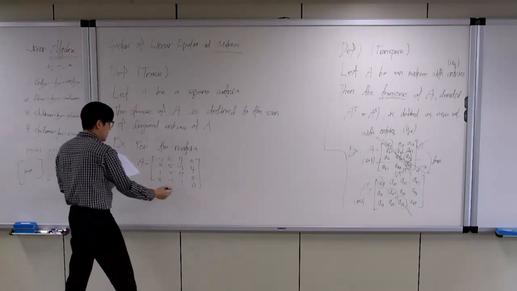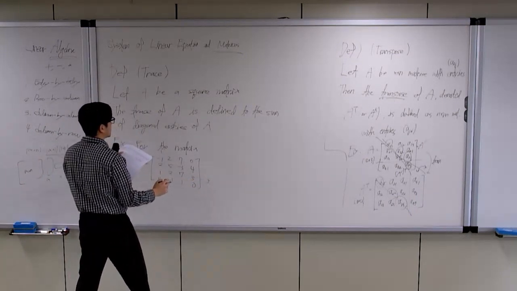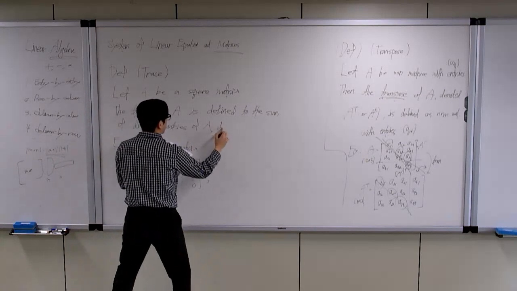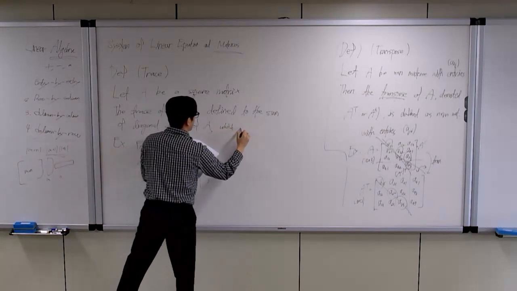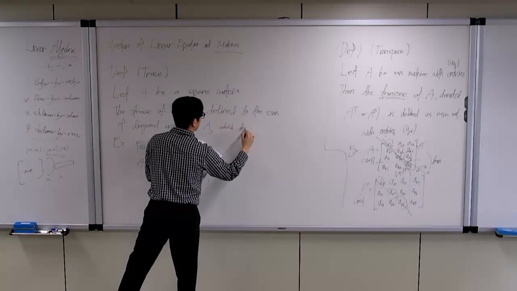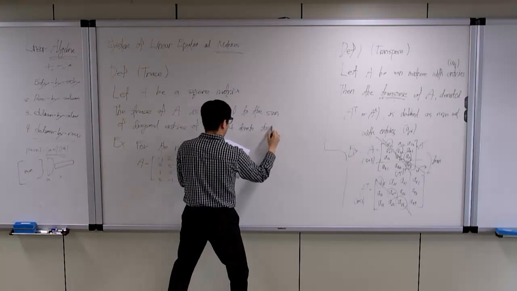A is a square matrix, and then the trace, trace A.